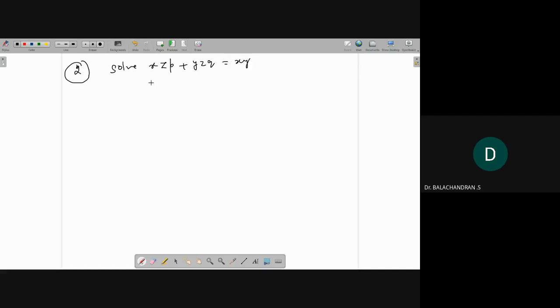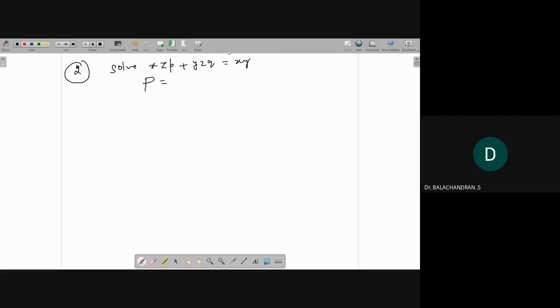Before going to Lagrange's type, you can check that p, q, x, y, z, everything is here, and this is not of Clairaut's form.